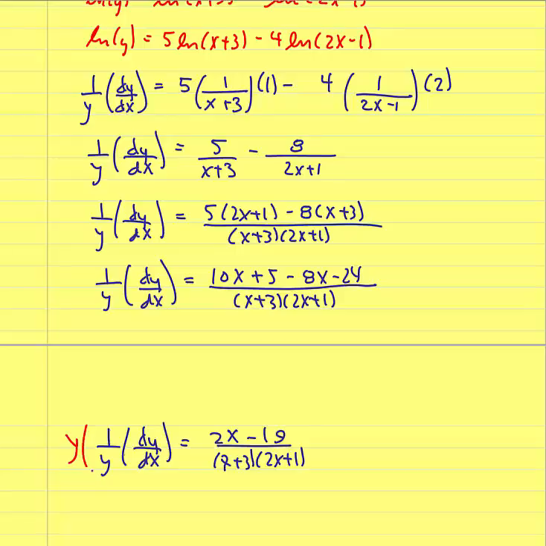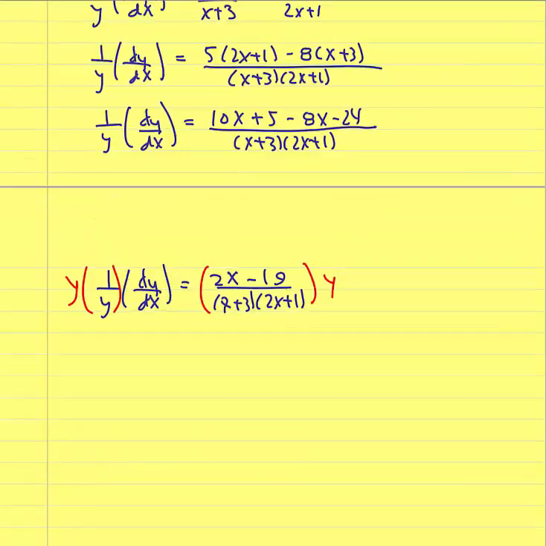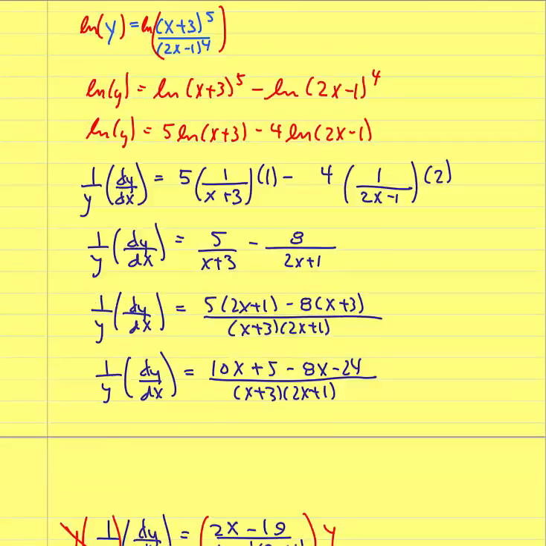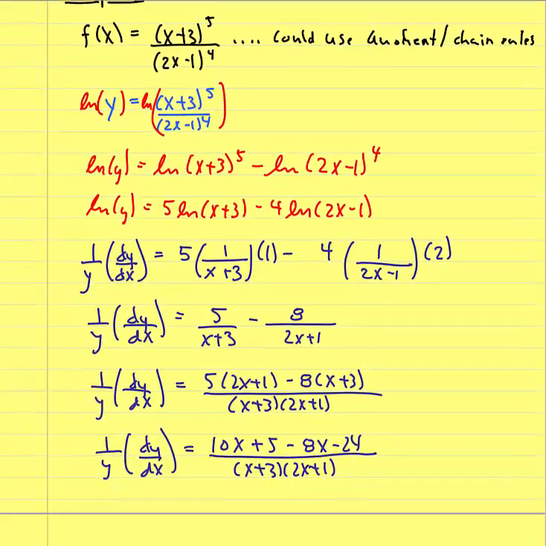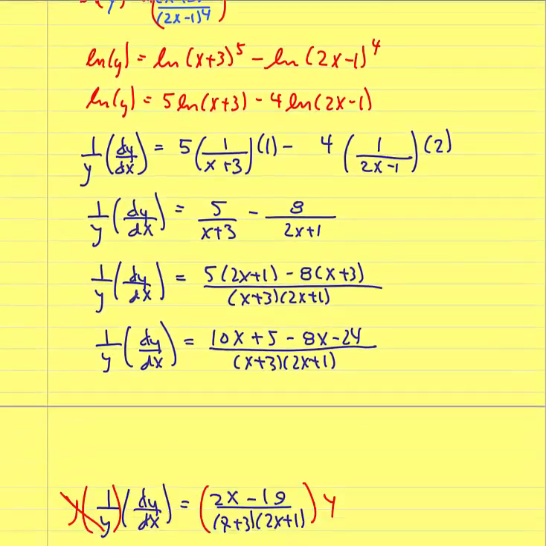So I have to multiply both sides through by y. Now the y's cancel on the left. On the left, I'm left with dy dx equal to (2x minus 29) all over (x plus 3)(2x minus 1), and then y. But I don't remember what y was. It was so long ago. (x plus 3) to the 5th over (2x minus 1) to the 4th.